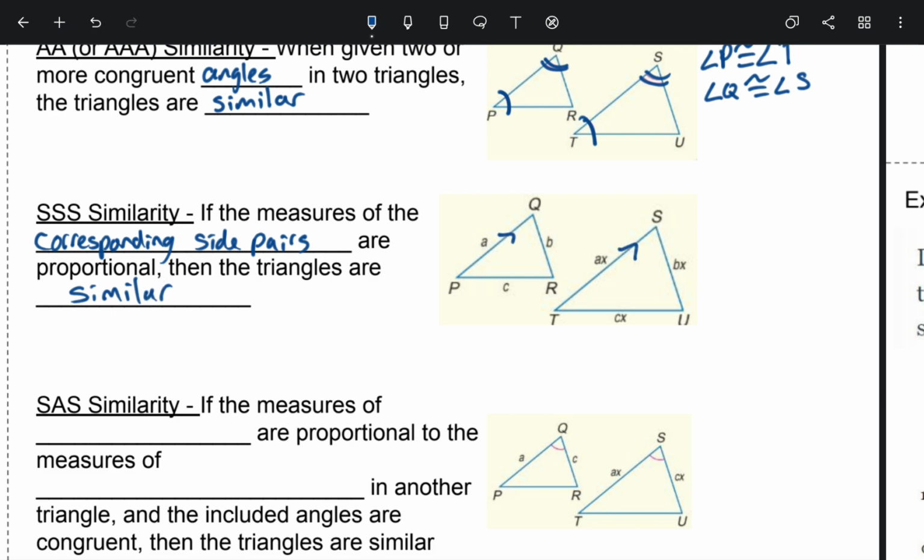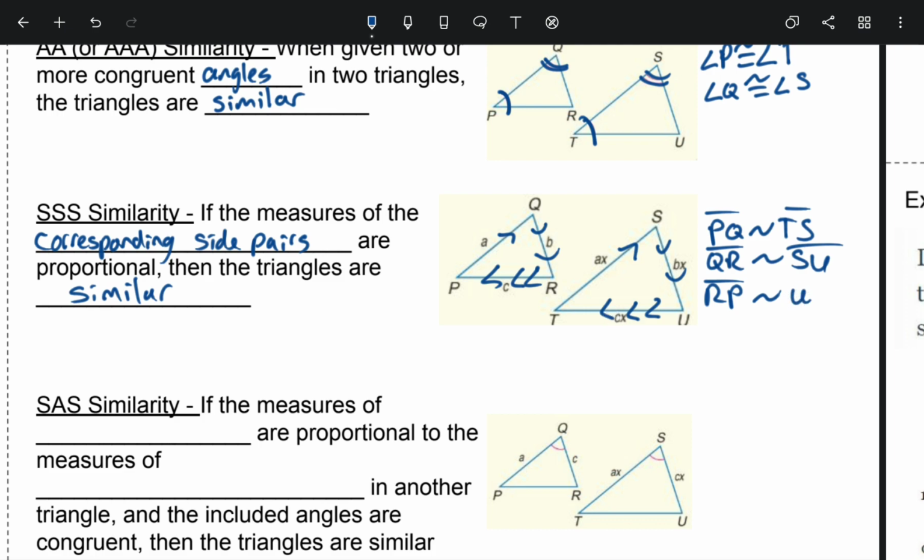So like if side PQ is proportional to TS, side QR is similar to side SU, and side RP is similar to UT. Then we know that the triangles have to be similar.